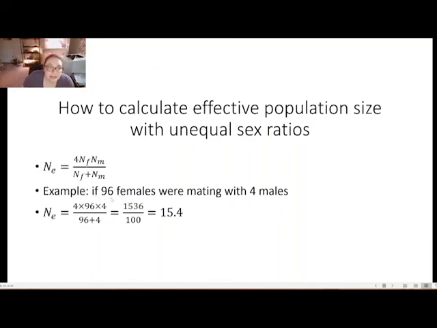So if we had 96 females and 4 males, which would be like with the elephant seals, a harem mating system. So we have 96 females, 4 males that are breeding with each other. We would have 4 times 96 times 4, so there's your female number and your male number, over 96 plus 4. So it will be 1536 over 100, and that equals 15.4.